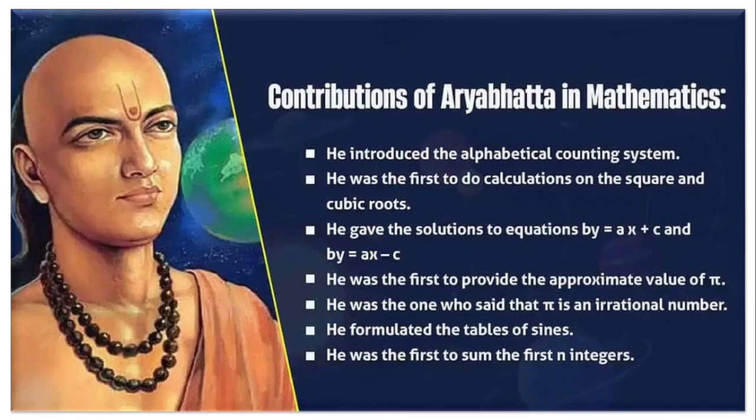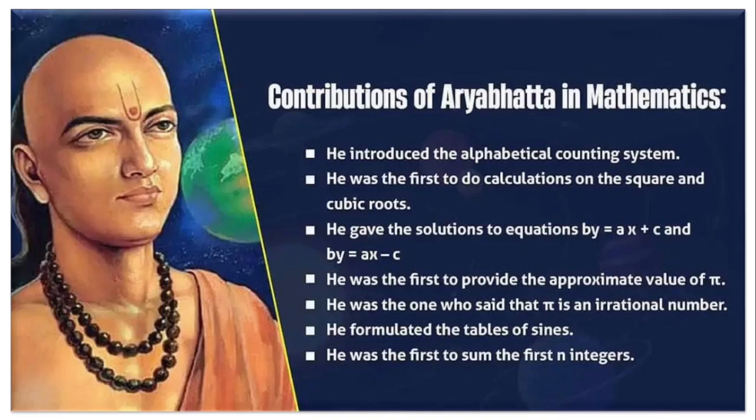He provided the approximate value of pi, the importance of which we have already discussed. He was the one who said that pi is an irrational number. An irrational number is a number which cannot be expressed as a ratio of two integers.